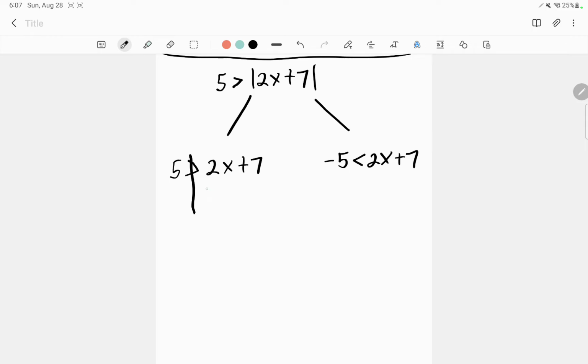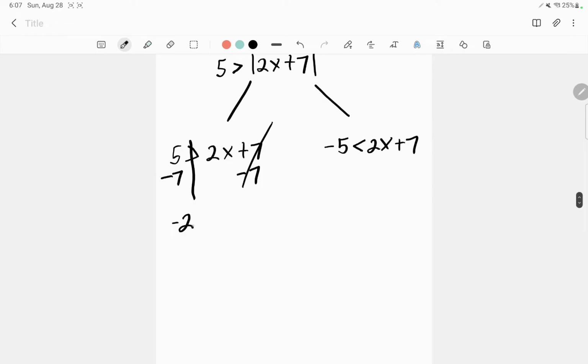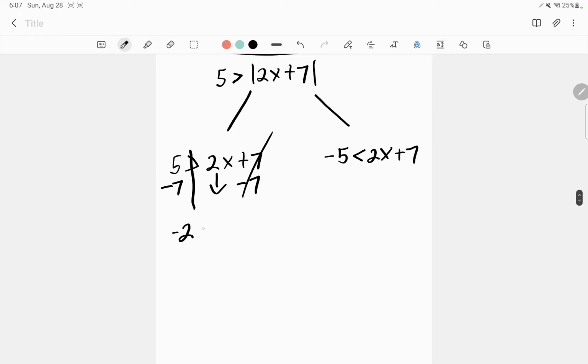So in this case, I'm gonna have what? 2x, right? Oh shoot, no. I was having a brain fart for a second. I'm gonna move the 7 first. So -7 minus 7, those 2 cancel out. Over here I'm gonna have a -2. And I'm gonna bring everything else down.